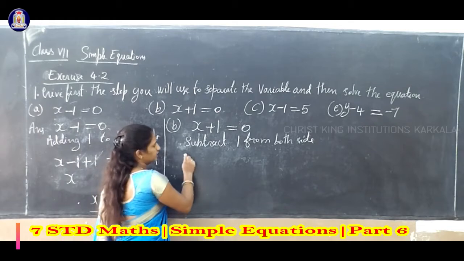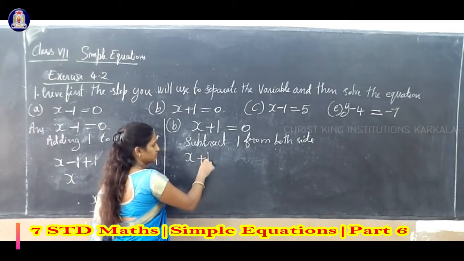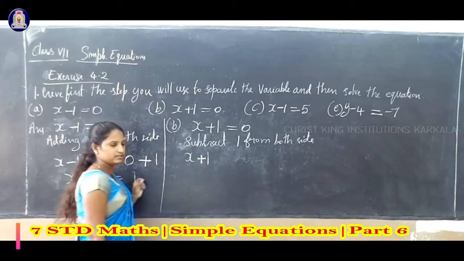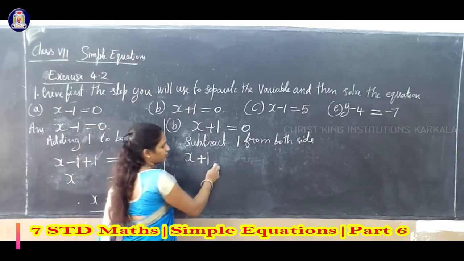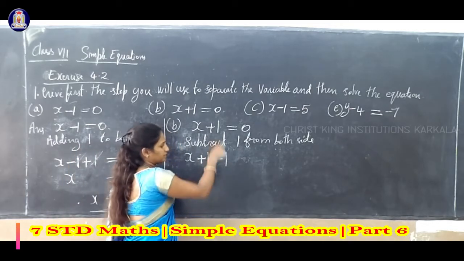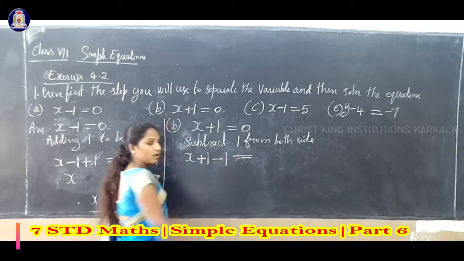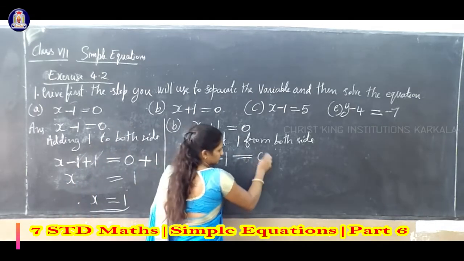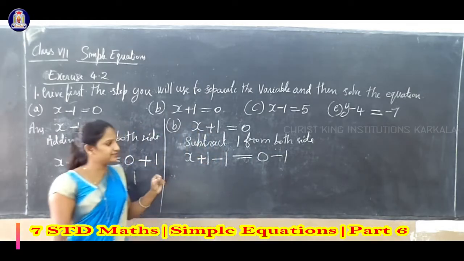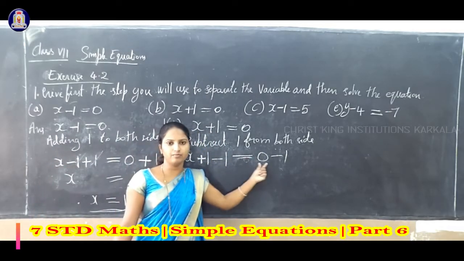So now what happens? x plus 1 will be in the same place. How much will you subtract? The same number. Plus 1, so you will write minus 1 on both the sides. Here minus 1 means subtracting 1 from both the sides.